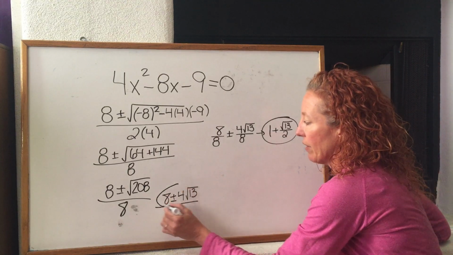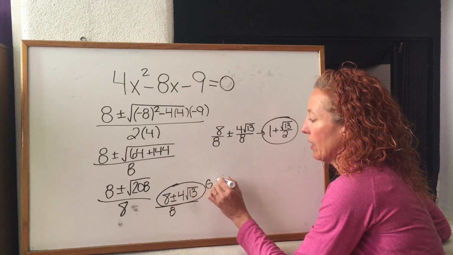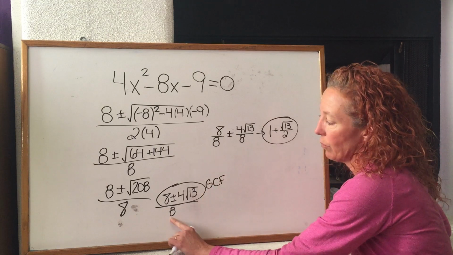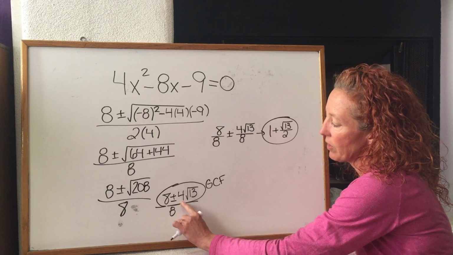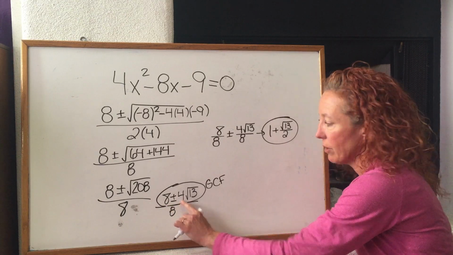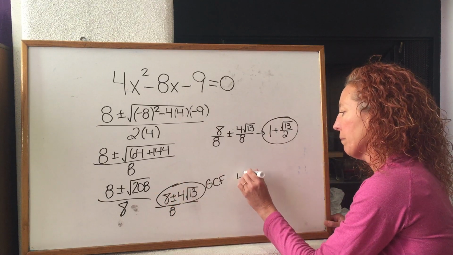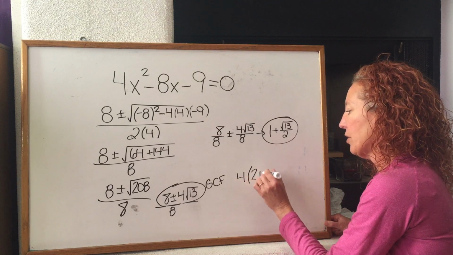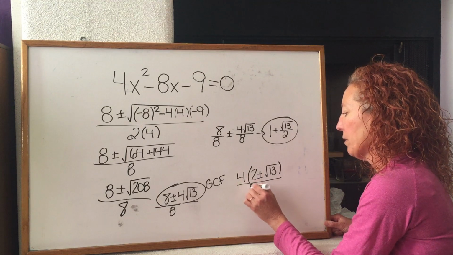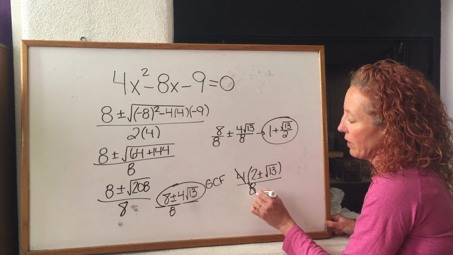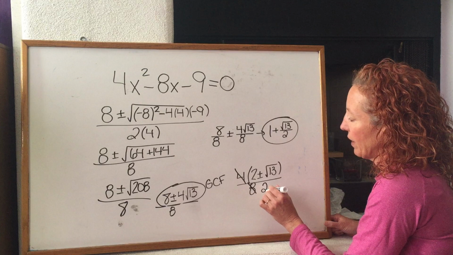Or you need to take the entire numerator and think, is there a GCF there that would cancel out with that 8? So both of these numbers have 4 as a factor. So I'm going to pull that 4 out. And that's going to leave me 2 plus or minus radical 13 over 8. And that 4 now reduces with that 8, leaving 2.